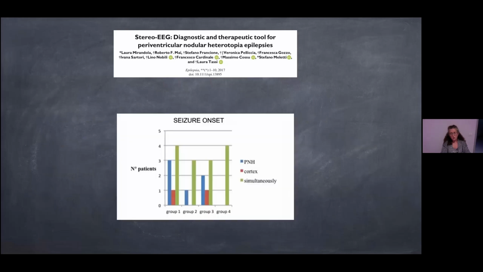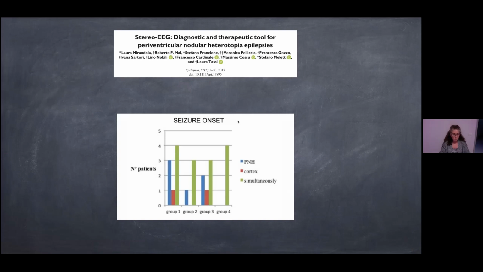Following those anatomical criteria, we found that even the seizure onset was different in the different groups. In group 1, the seizure onset was simultaneously on the PNH and on the cortex, or sometimes just in the nodule.